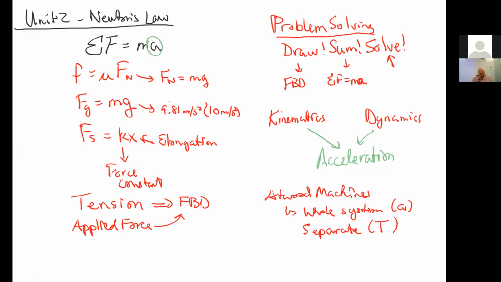And I mean, we spent a whole week really focusing on some of this stuff, okay? And then we also did the surfaces, right? We broke down the surfaces, which was very important. But again, the main thing, right? Your problem solving here. Draw, sum, solve, okay? Draw the free body diagram, sum the forces in each direction, and then solve for what you're looking for, okay? Then we moved on to unit 3.